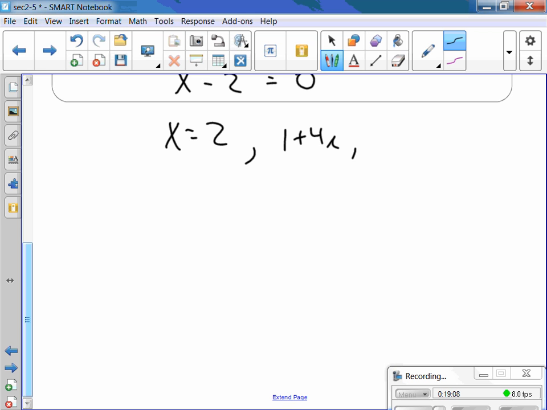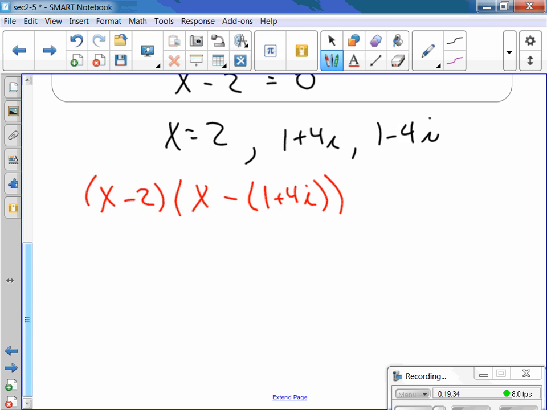Again, if I wanted to write them as factors, my x equals 2 is x minus 2. My 1 plus 4i is x minus 1 plus 4i, and 1 minus 4i is x minus 1 minus 4i.